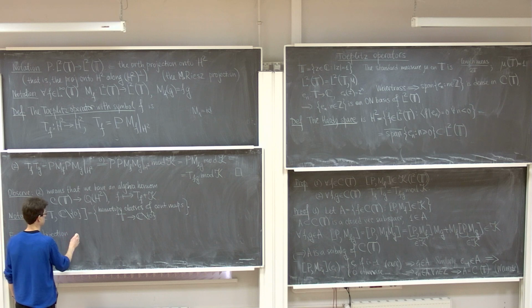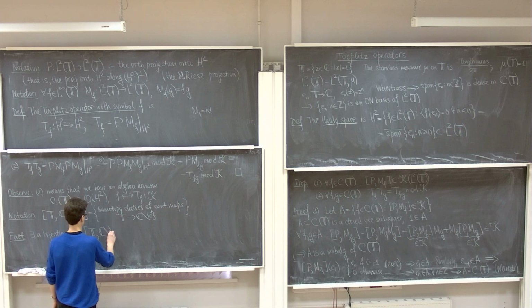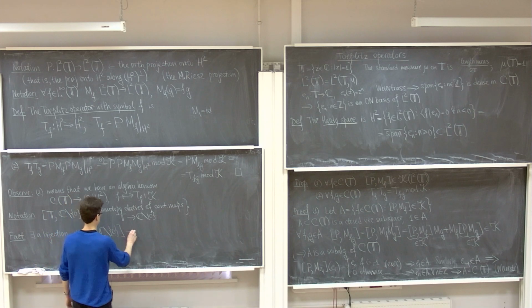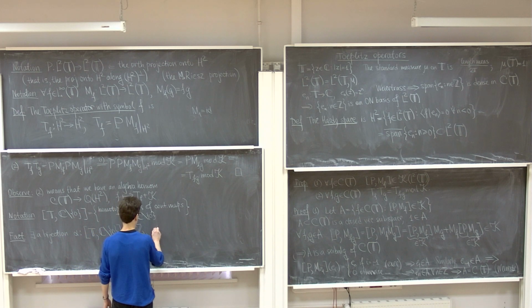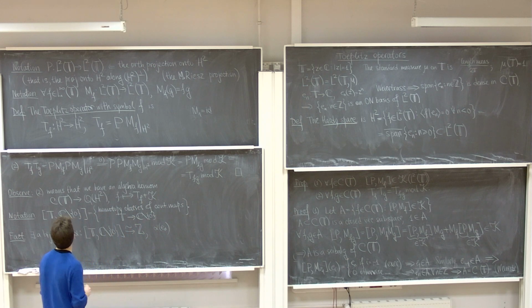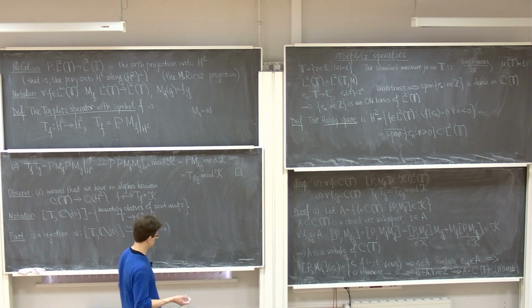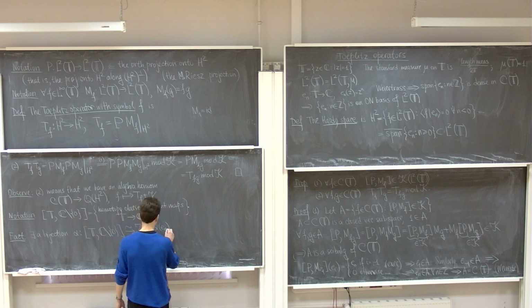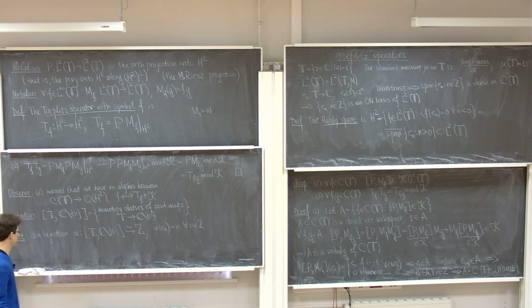There is a bijection, denoted by alpha, between this set and the integers, which takes each e_n, where e_n of z is z to the power n, to n for each integer n. This is a standard fact of elementary topology.